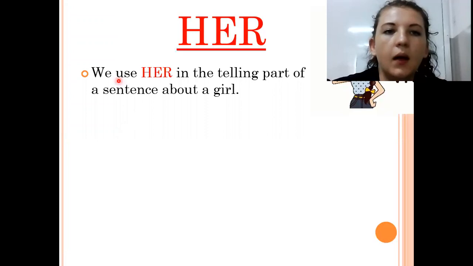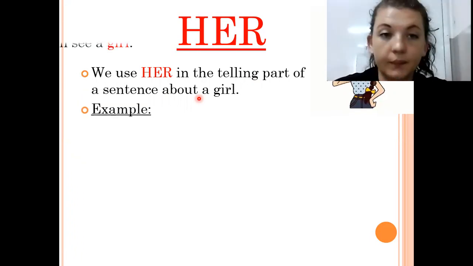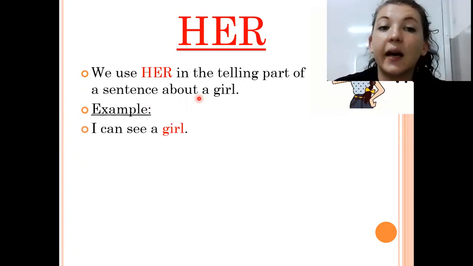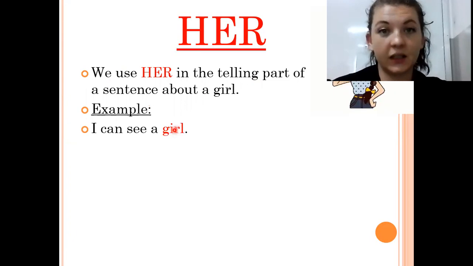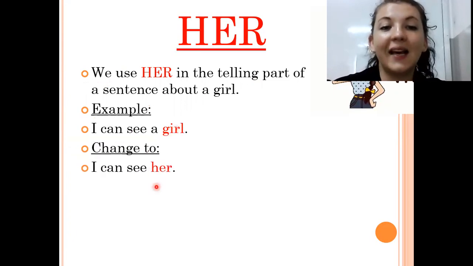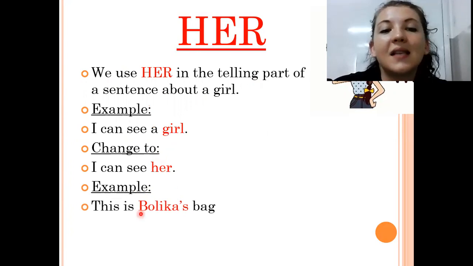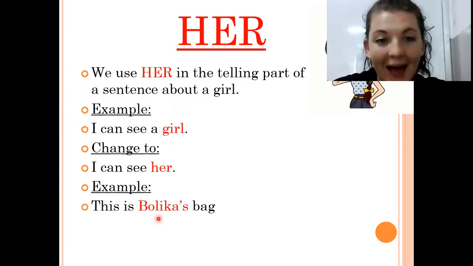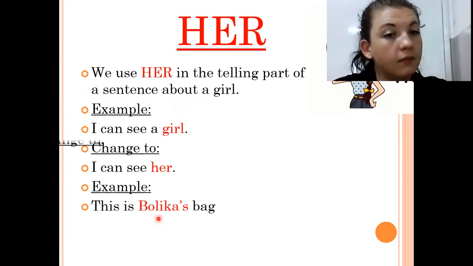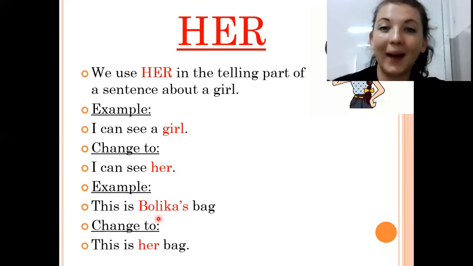We use her in the telling part of a sentence about a girl. For example, I can see a girl changes to I can see her. Our next example: this is Bolika's bag. Bolika is a girl, which changes to this is her bag.